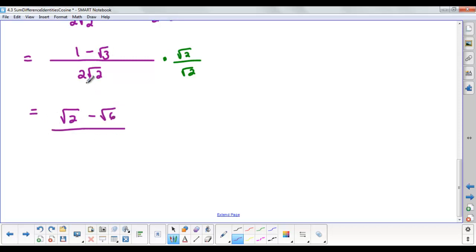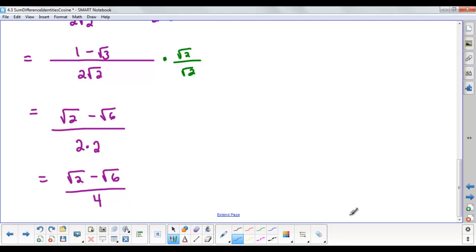And in the denominator, it's 2 root 2 times root 2. Now we already know from the other example that it really ends up being 2 times, well, root 2 times root 2 is root 4, which ends up being 2. So to finally simplify this one, we end up with root 2 minus root 6 all over 4.